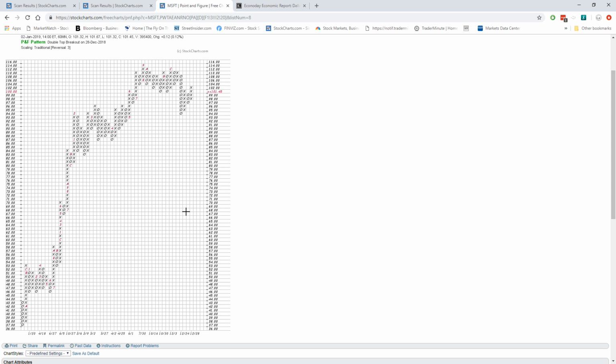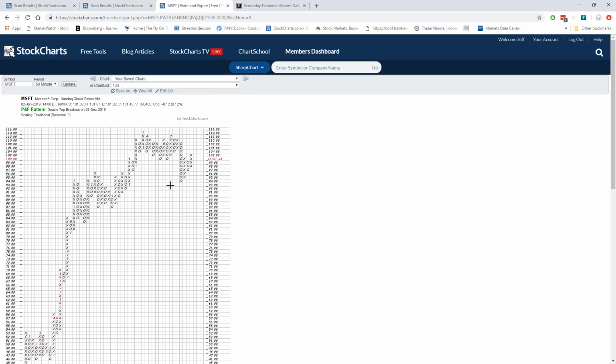In fact, here's the hourly chart, and it goes all the way back to January of last year. So this is just showing 1 year's action, okay? Time doesn't matter with this. All that matters is price action. It doesn't put another plot every single day or something like that. But you're going to see that, okay, this stock has a bullish point and figure pattern. This one has a bearish point and figure pattern, and that can be tracked.